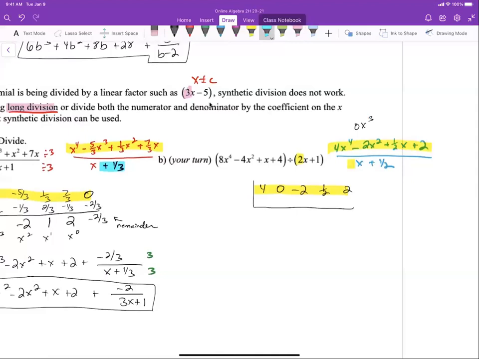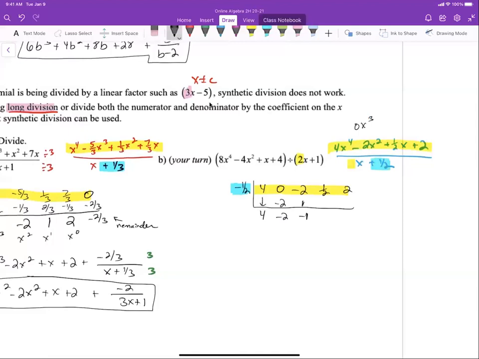I will then take this 1/2, change the sign, I will have negative 1/2. I will bring down my 4, and I multiply by negative 1/2, I get a negative 2. Add those together, multiply by negative 1/2 gives me a positive 1. Negative 2 plus positive 1 gives me a negative 1.